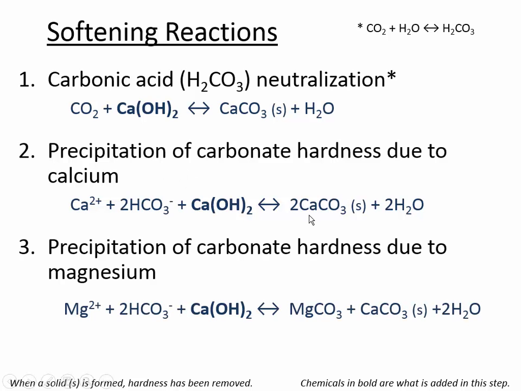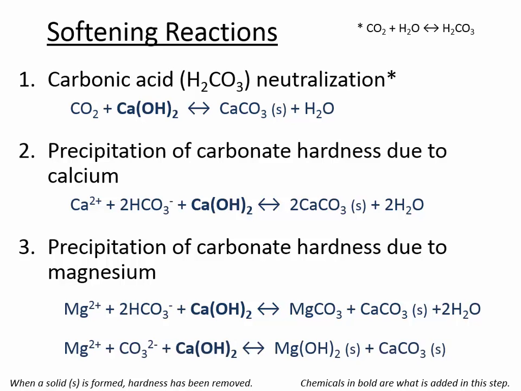Now, magnesium's a little bit trickier. And the reason I say that is it's a two-step reaction to get rid of magnesium. If there's dissolved magnesium in solution, the first thing you have to do is add some lime to get it to magnesium carbonate. And then you have to add more lime because magnesium carbonate, you notice there's no S next to it. Magnesium carbonate will stay in solution.